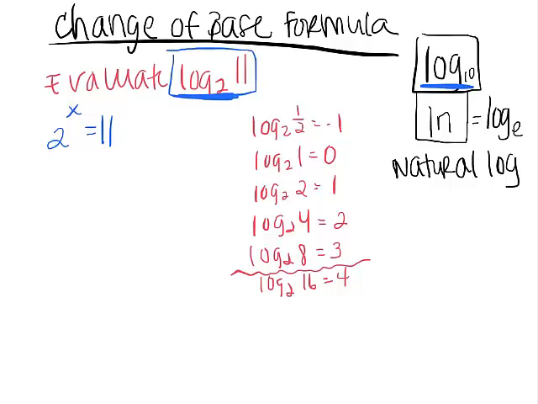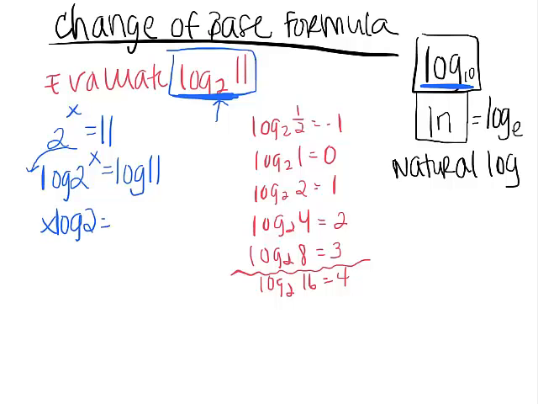So in this case, you say, okay, well, I would like to change the base. So instead of having log base 2, I want log base 10. So I'm just going to take the log base 10 of both sides. Now remember, you can do this because you're doing the same thing to both sides. Then using the power property, this x goes in front, so I get x log 2 equals log 11.